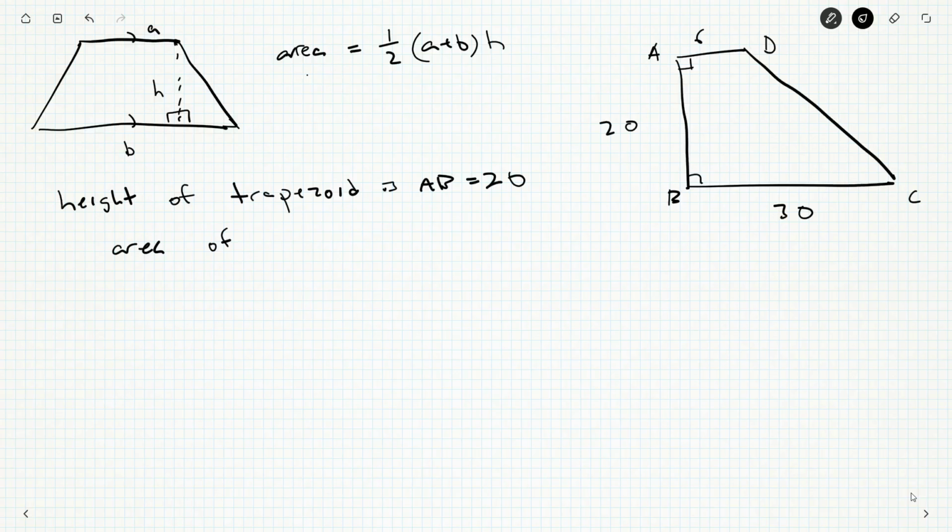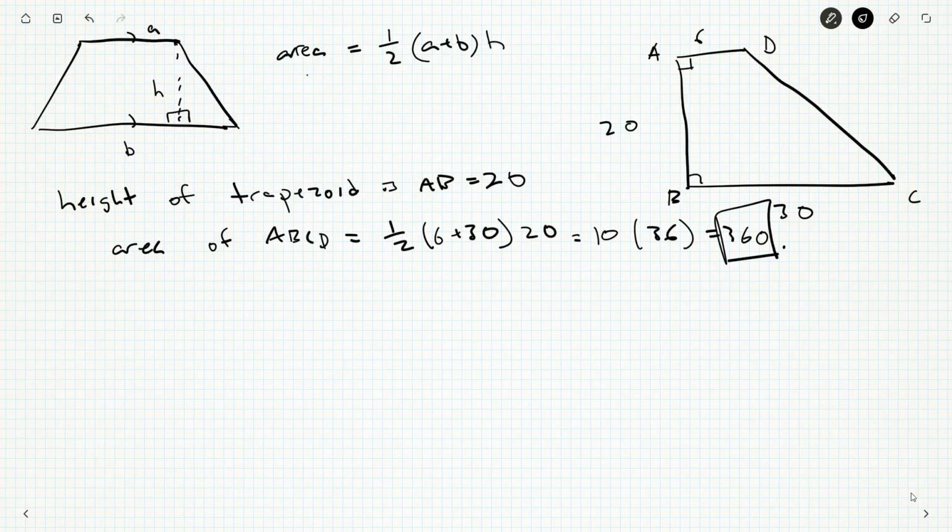So the area of ABCD is just 1/2 times (6 plus 30) times 20. The 1/2 and the 20 will cancel out and give me 10, and then 6 plus 30 is 36. So 360 is the area.